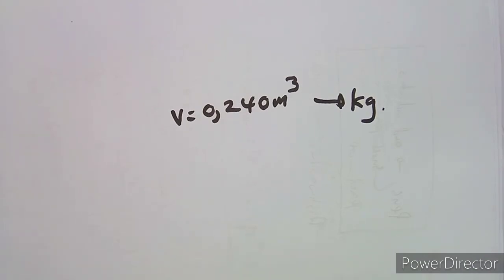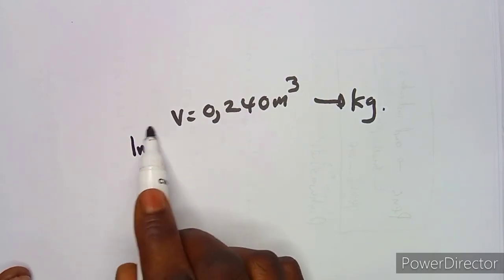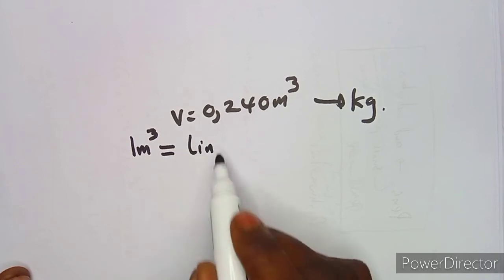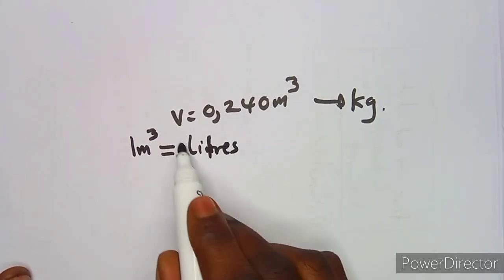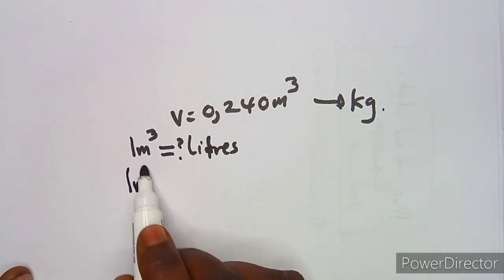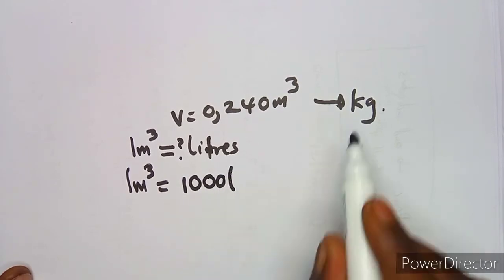The only relationship that we know so far is to convert cubic meters to liters. That one is easy. In a cubic meter we have 1000 liters. Why am I talking about liters when I want kgs?